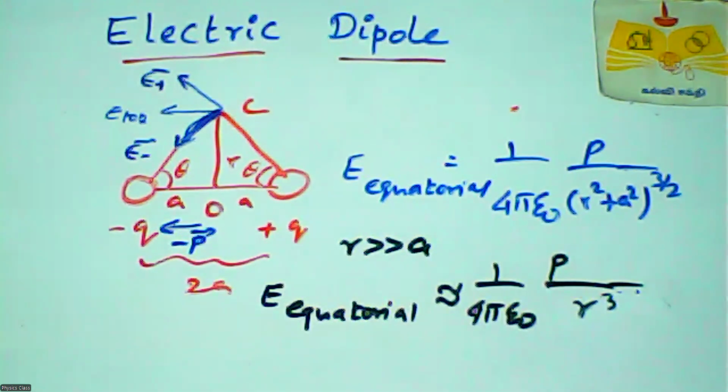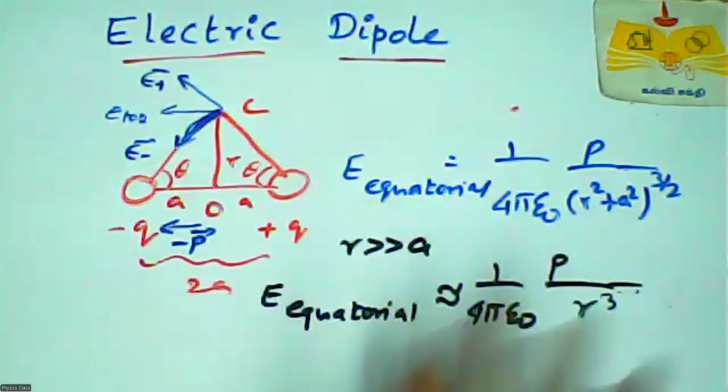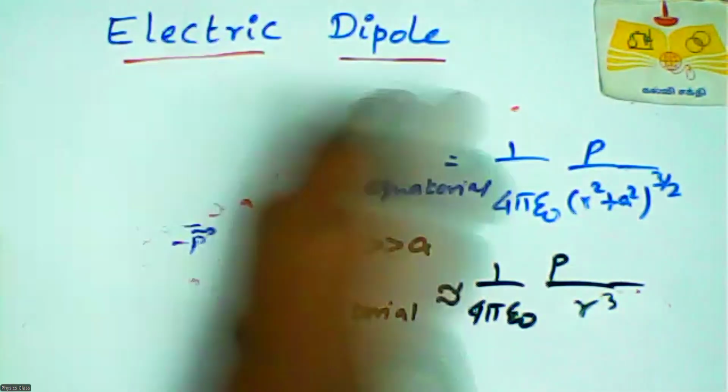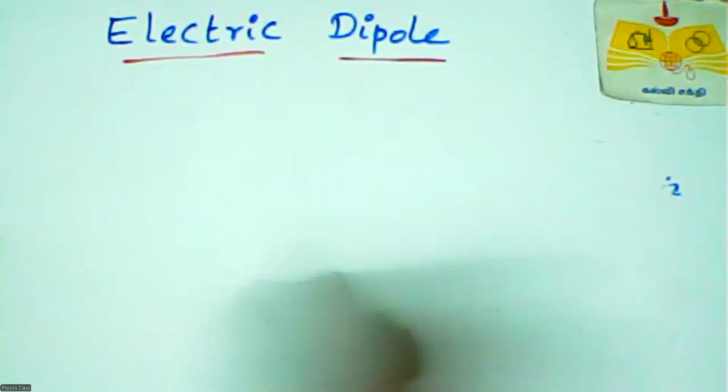So, let's apply these formulas, equatorial line and axial line, by solving a couple of problems. Problem number 1.